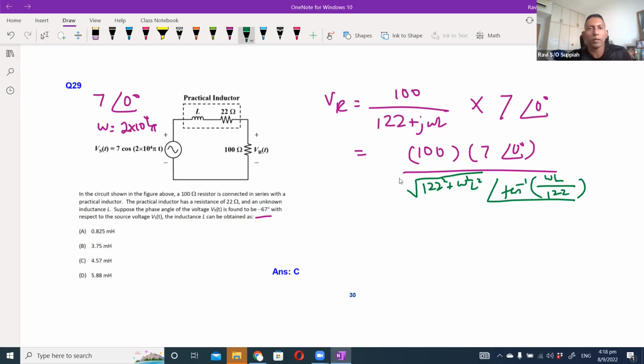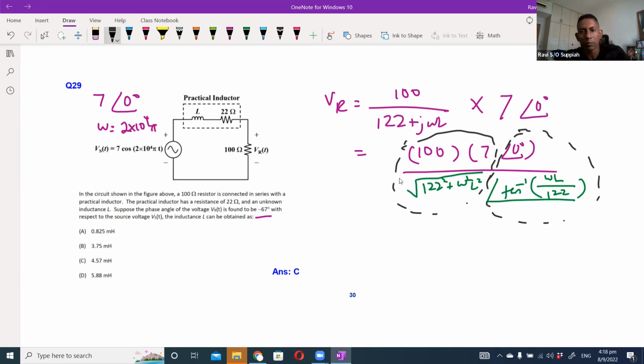If I look at this expression now, there is the magnitude portion, which is this, and the phase angle, which is this. We can ignore the magnitude portion because we don't have any information on the magnitude of VR. We only know the phase of VR.